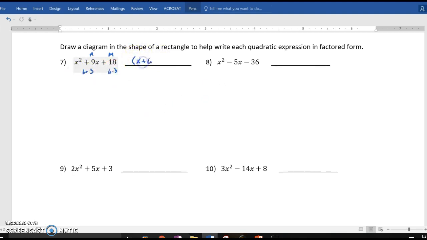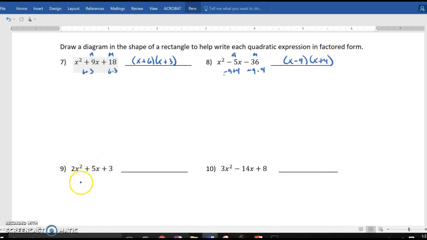So we say it's x plus 6, x plus 3. Done. There's no number in front of x squared. So what multiplies to give me negative 36 adds up to negative 5, right? Well, negative 9 times 4, negative 9 plus 4, there we go. So it factors x minus 9, x plus 4.